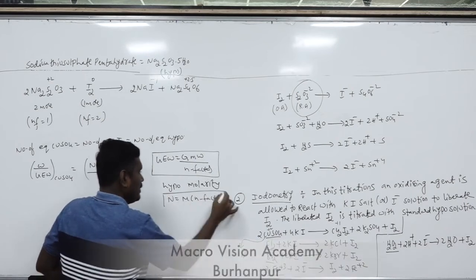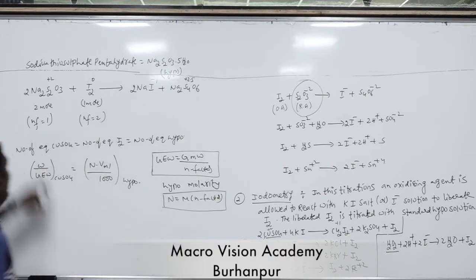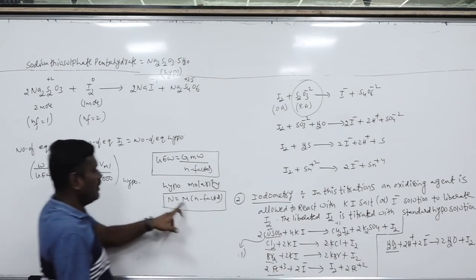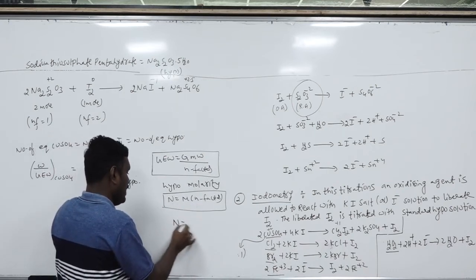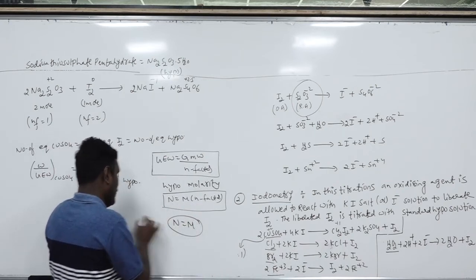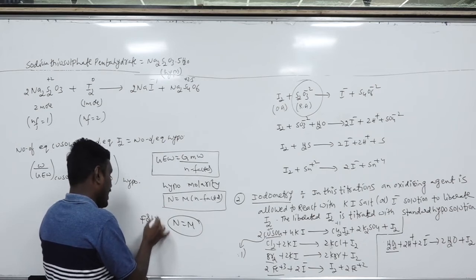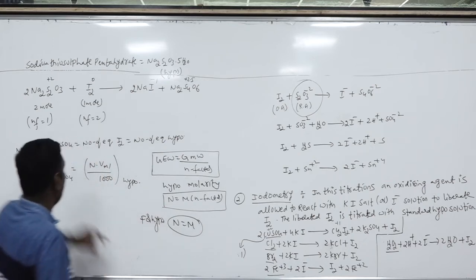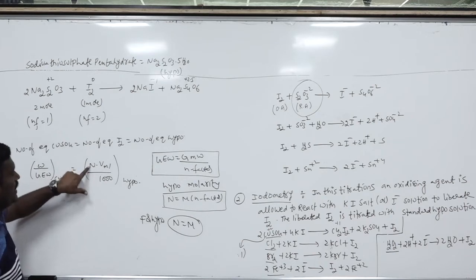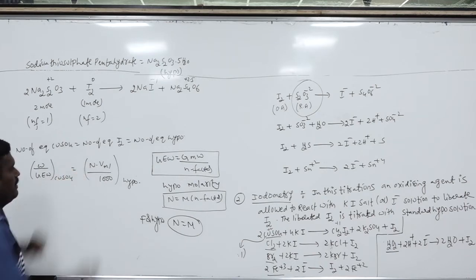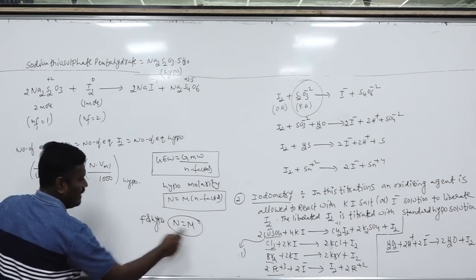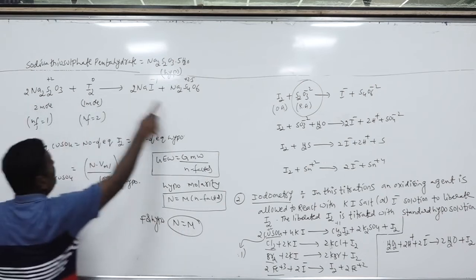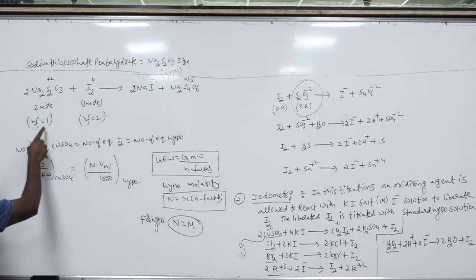What is the N factor for hypo? 1. So normality is equal to molarity into 1. So normality and molarity are the same for hypo. Don't be confused. Here, if you want to take the molarity or normality, no need to worry about it, because normality and molarity will be equal only for this equation, because the hypo N factor is 1.